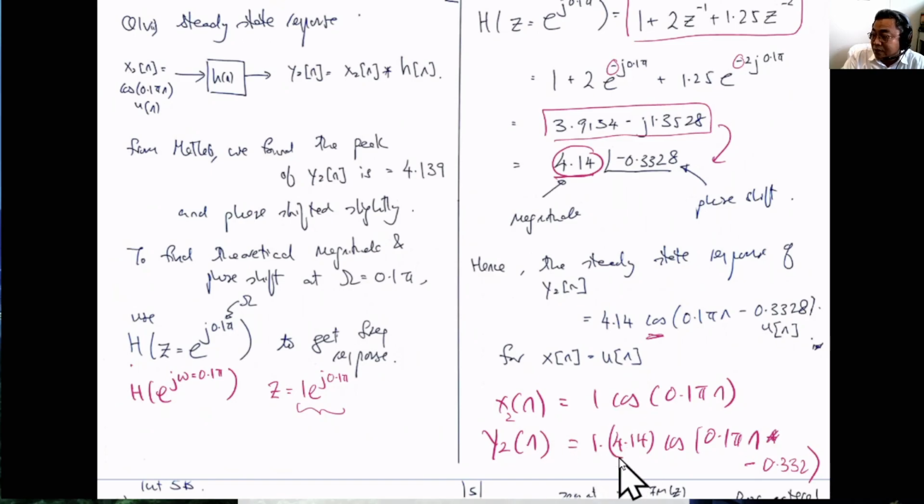In this case it was 1, so it's 1 times 4.14. Cosine, the same frequency remains 0.1 pi n, but since there's a phase shift of minus 0.332, we put it here. And this is our steady state response. Okay, so we have y1 of n and y2 of n. Of course, y3 of n is simply the sum of y1 and y2.